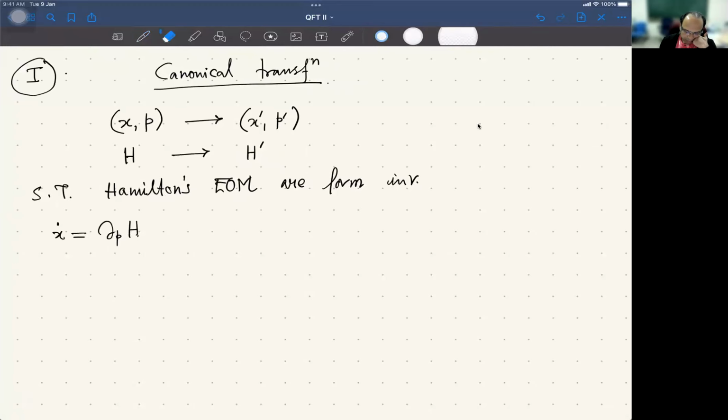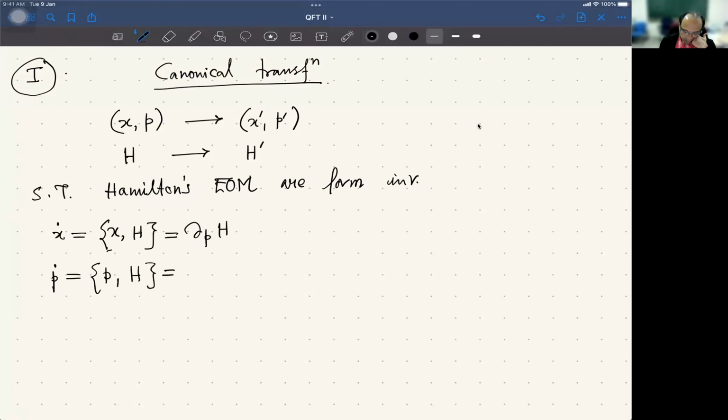Okay, so let me write it this way: x dot, which is given by the x, h Poisson bracket, is del h del p, and p dot, which is the p, h Poisson bracket, is minus del h del x. This system of equations must go to a set where x is replaced by x prime and h by h prime.